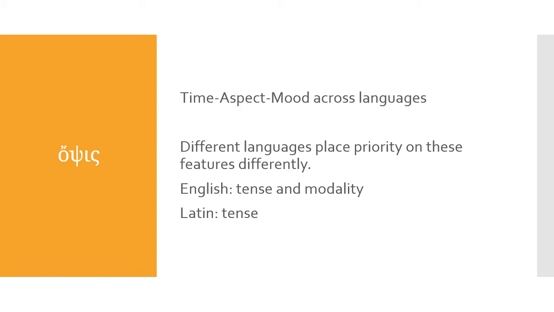Latin is a fairly tensed language, and although it shares some aspect features with Greek, tense seems to be more primary than aspect at most places. And so when we think about different forms in Latin, we tend to be thinking about different temporal relationships, not temporal structures.